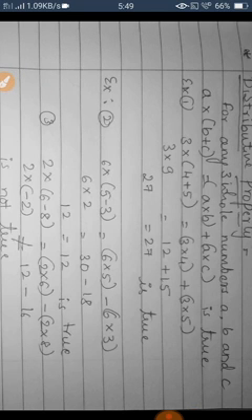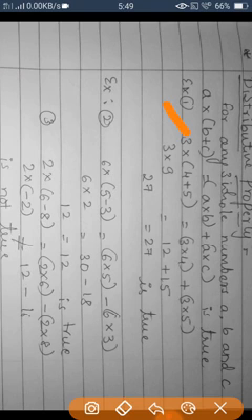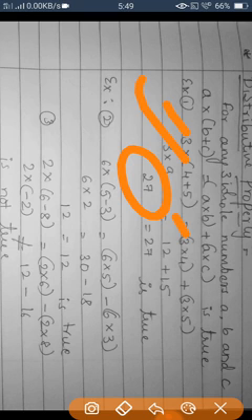Take 3 as a, 4 as b, 5 as c here. See, 3 into (4 plus 5). Add 4 plus 5 first. It gives 9. So 3 nines are 27. If you distribute like this, 3 is distributed to 4 and also 5.